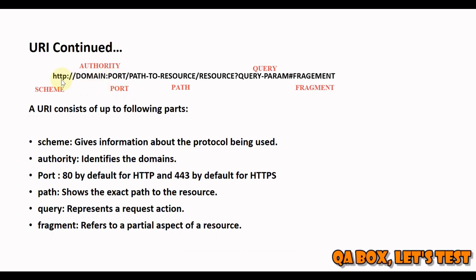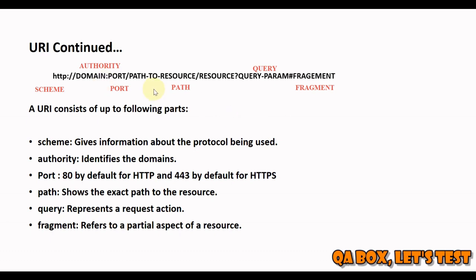If it's running on the default port, for HTTP it's 80, for HTTPS it's 443, then we don't need to provide that. However, if it is running on a different port, then we also have to provide the port information in the URL. So this basically defines the web server on which the resources are there.